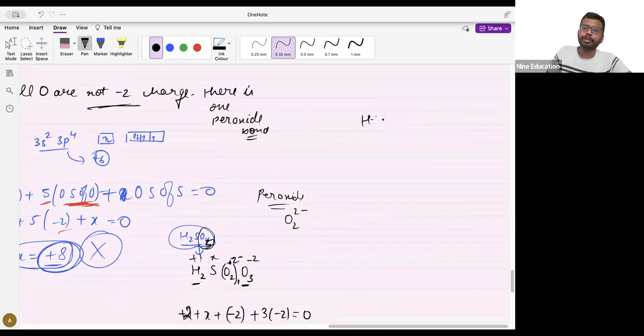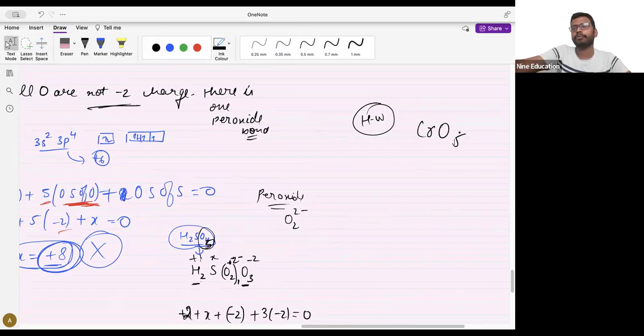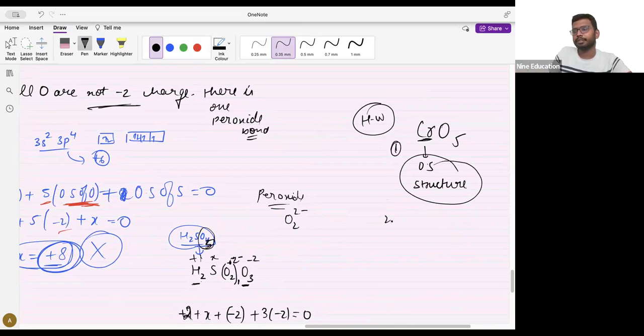Homework I will give you for today. First, CrO5: find the oxidation state and the structure. Second one, K3CrO8: also find the oxidation state and structure.